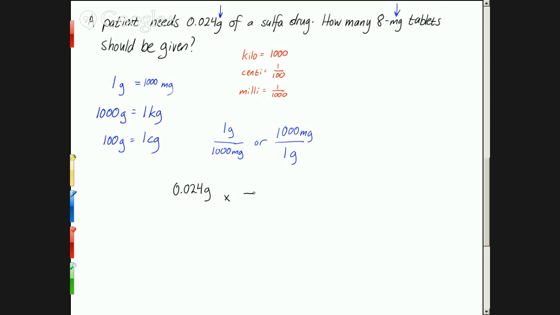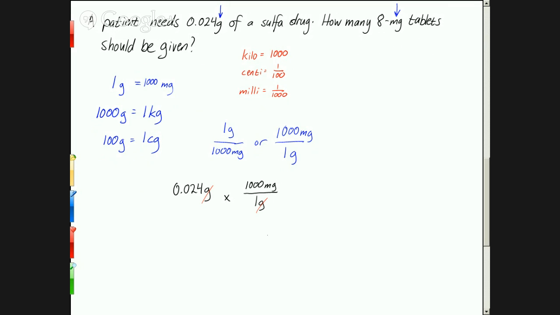So if I multiply this by the second factor that I wrote, we have gram on top, gram on the bottom. If there's no fraction, we assume it's on top. Those cancel each other out, and we end up with milligrams. Right? So what we want, we keep on the top, and what we want to get rid of, we put on the bottom. And then we solve that multiplication problem.